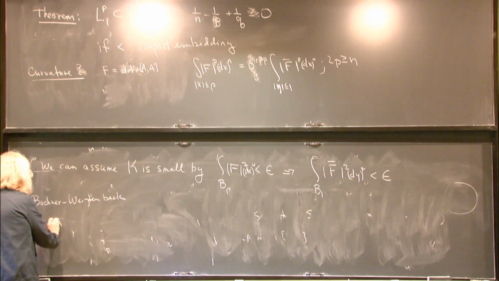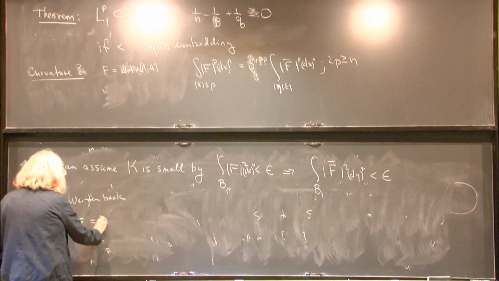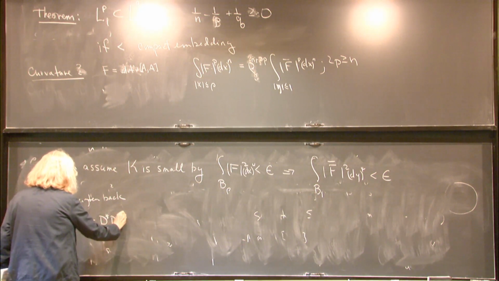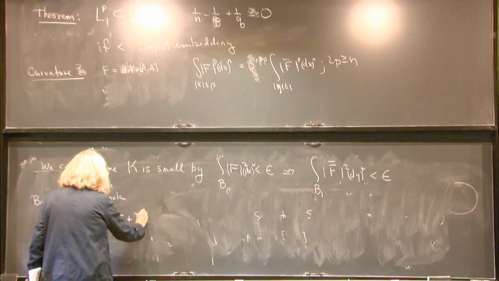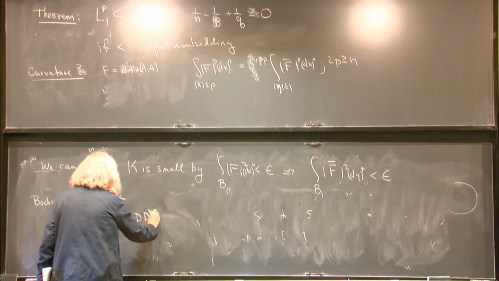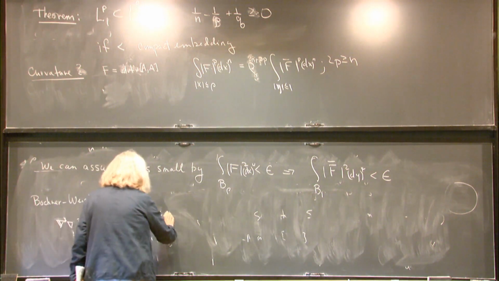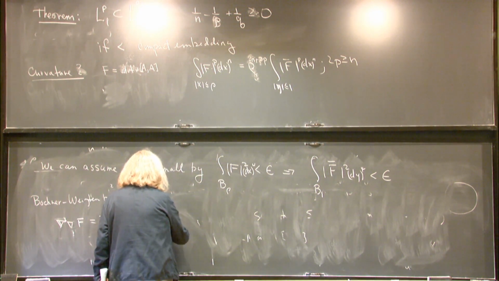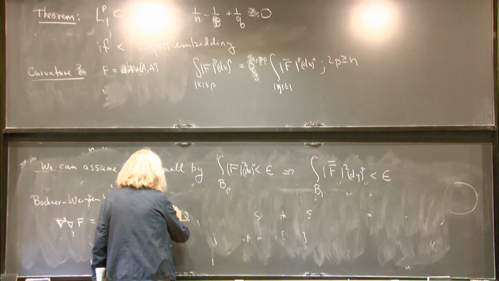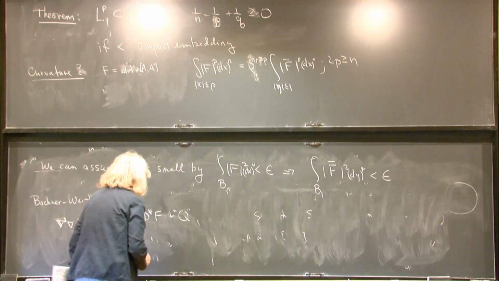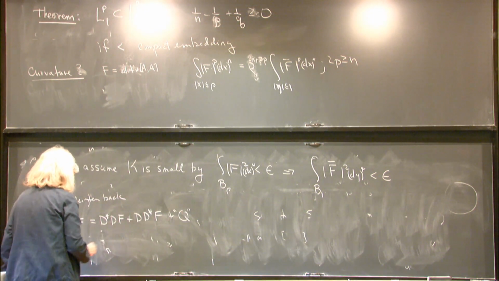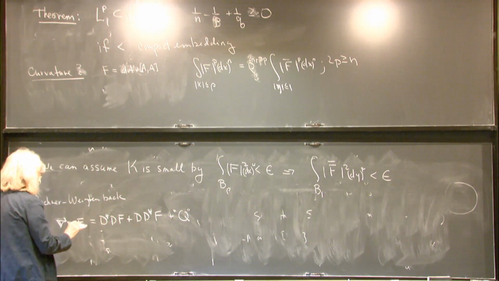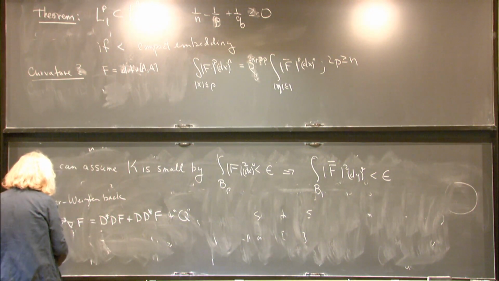It says that the full covariant derivative of f is equal to d star df plus d star f plus q, where q is something lower order, and we're assuming that we already know that it's a little bit regular.